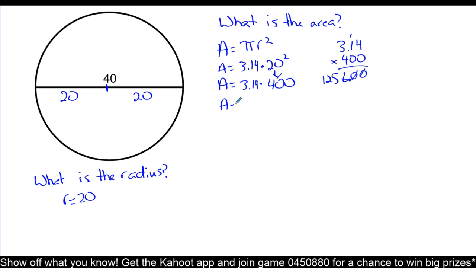So we get exactly 1256. And let's say this was kilometers. Why not? It's a big circle. So this would be 1256 square kilometers. So if you're given diameter, same idea, just one extra step at the beginning, just to find the radius.